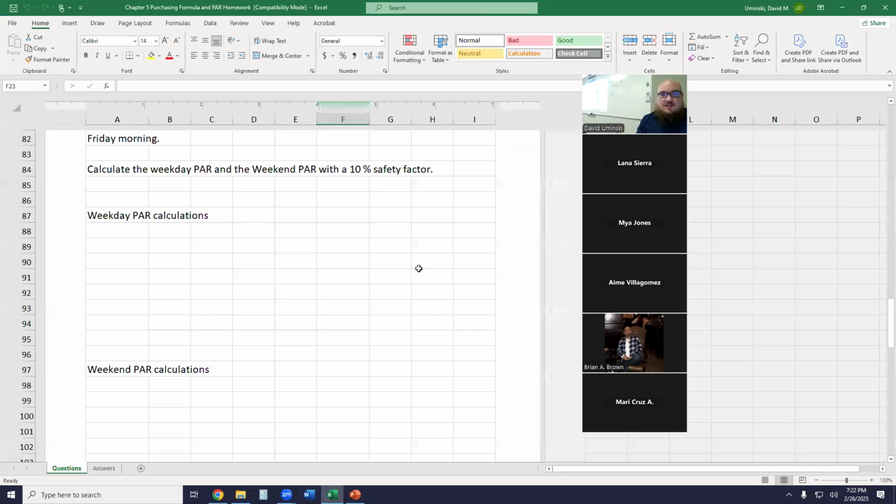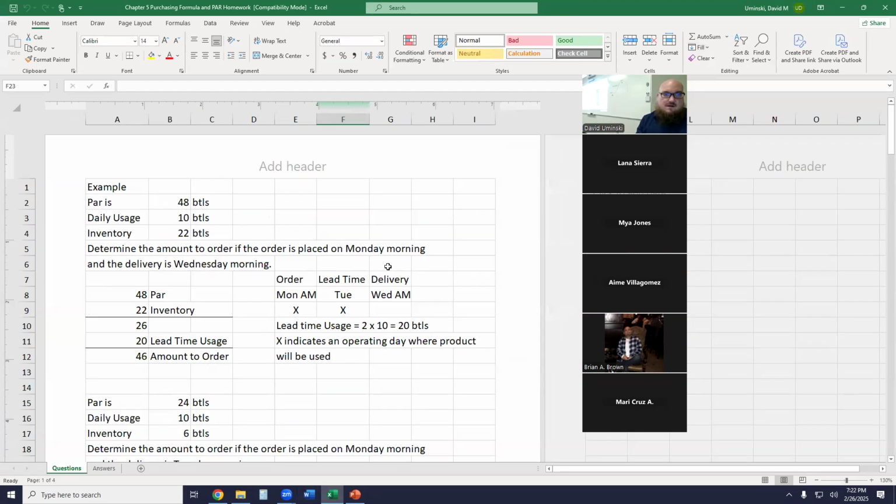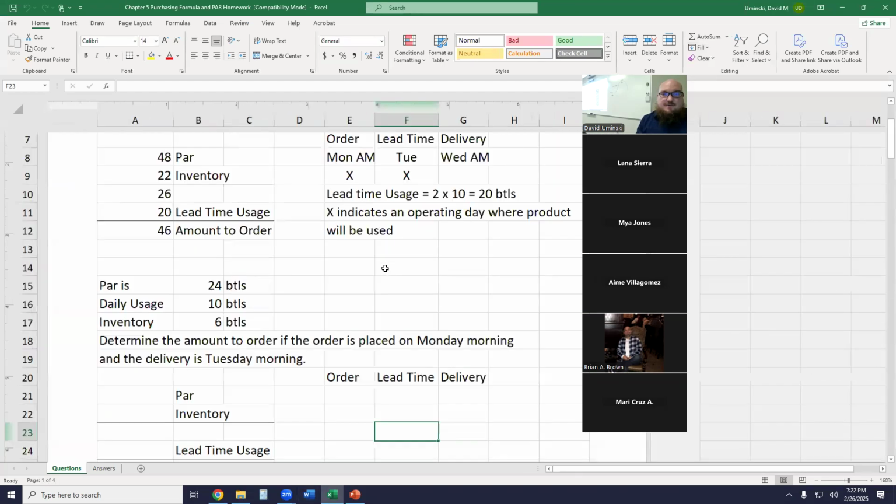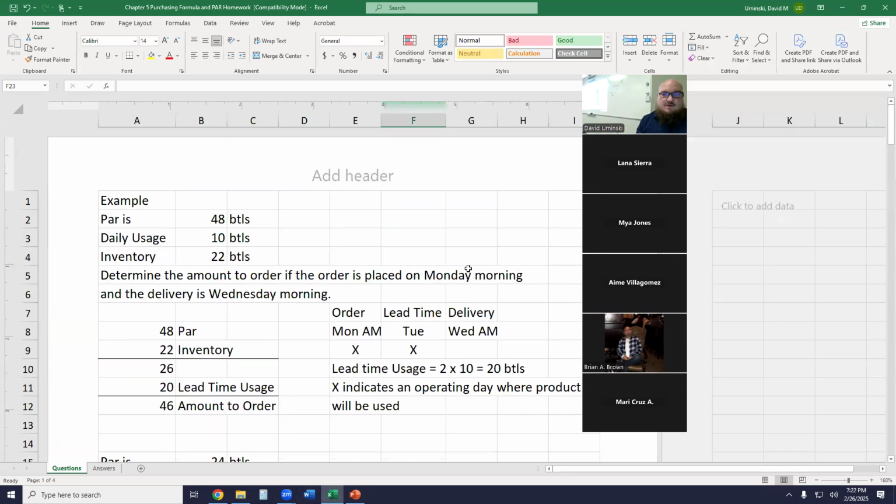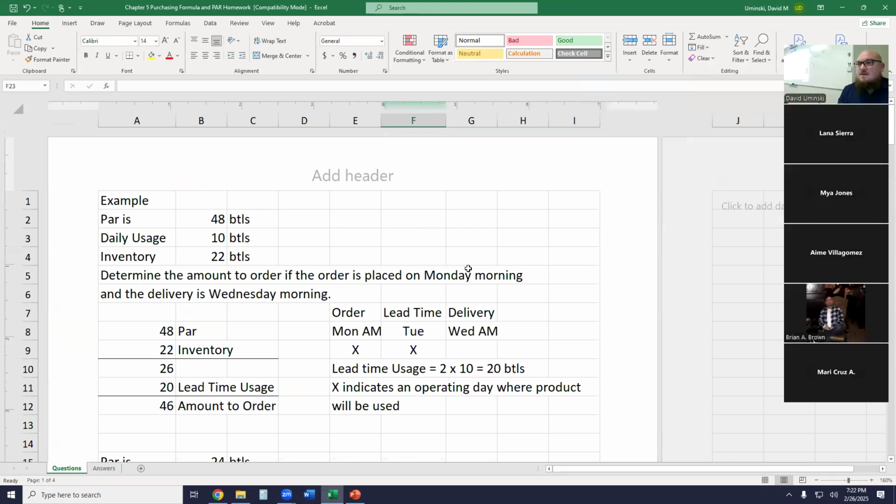So let's take a look here at this first example. All the numbers are already put in here for us, but we're going to walk through it step by step.